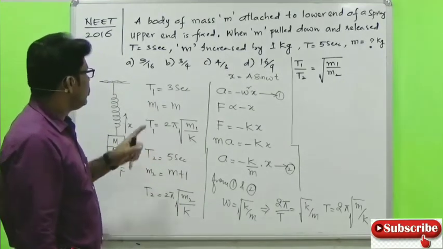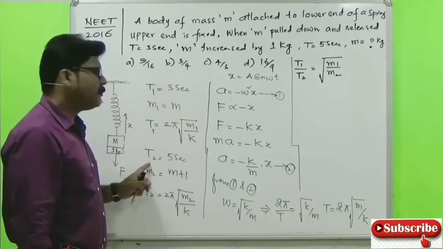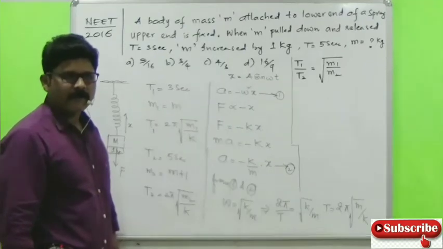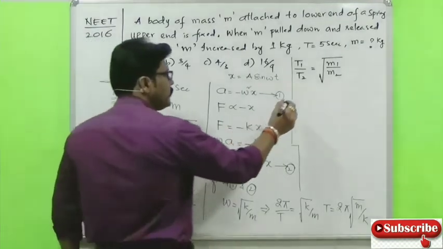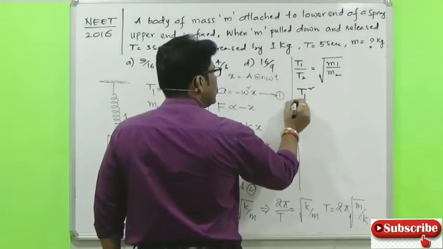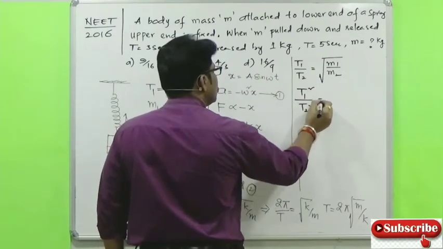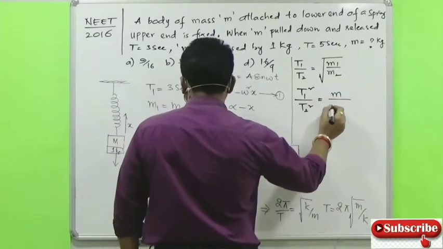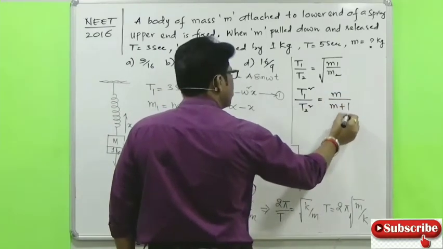Now t1 is 3 seconds and t2 is 5 seconds. Squaring on both sides for comfort, t1 square by t2 square equals m divided by m plus 1.